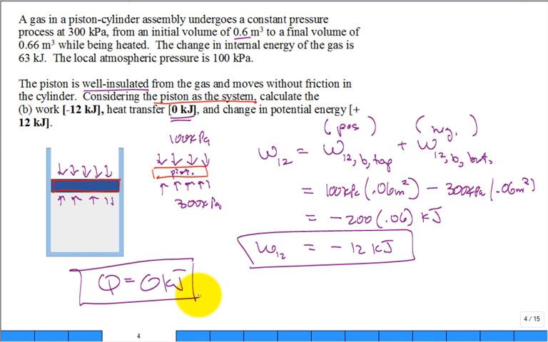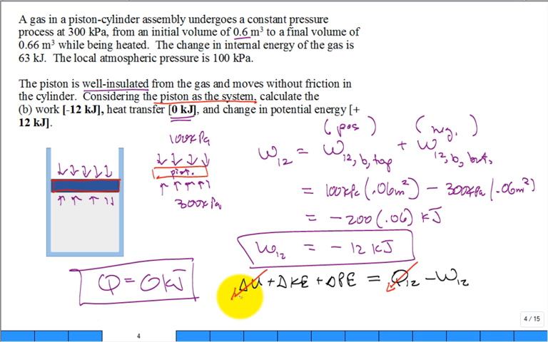Now, what is the change in the potential energy? Well, let's go to the first law. We'll say the change in total energy, which is the change in internal, plus the change in kinetic, plus the change in potential energy, equals heat transfer into the piston as a system during the process minus the net work out of the piston system. We just said that this term is 0 because it's adiabatic.